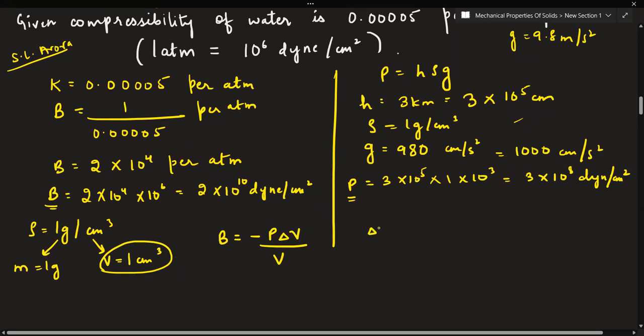So delta V would be equal to B multiplied by V divided by P. Delta V we have to calculate.